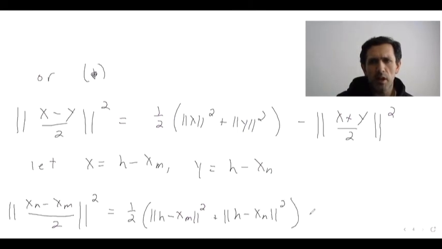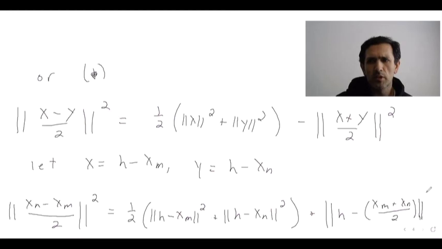Plus, if you plug in x plus y over 2, you're going to get the norm squared of h minus (x_m plus x_n) over 2.